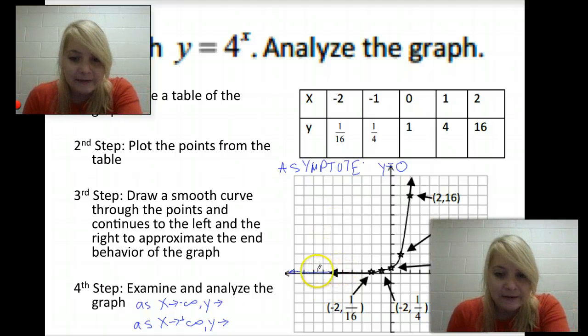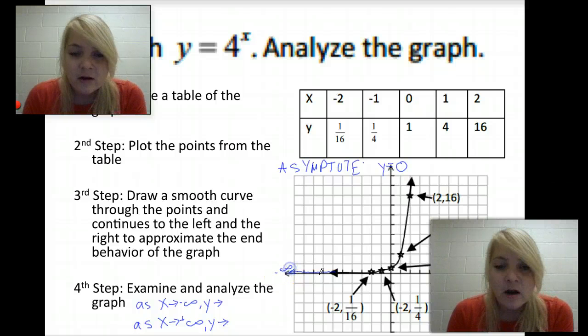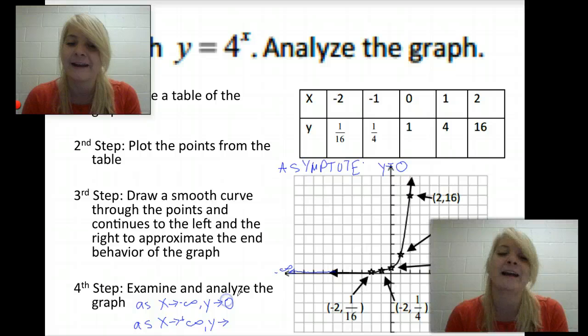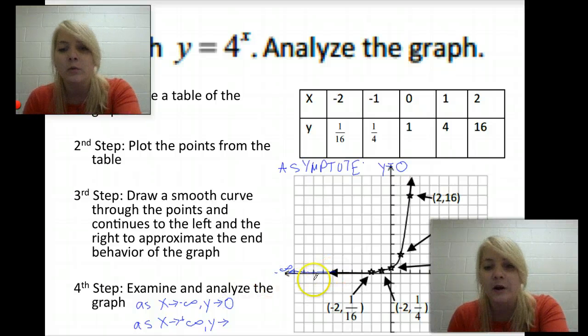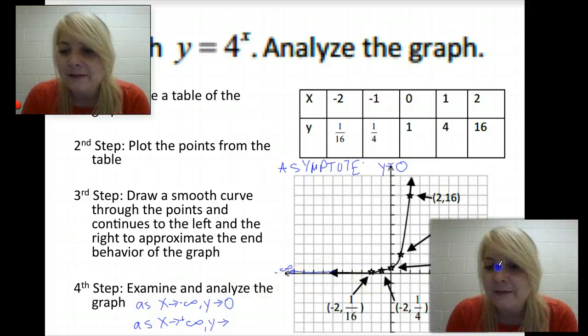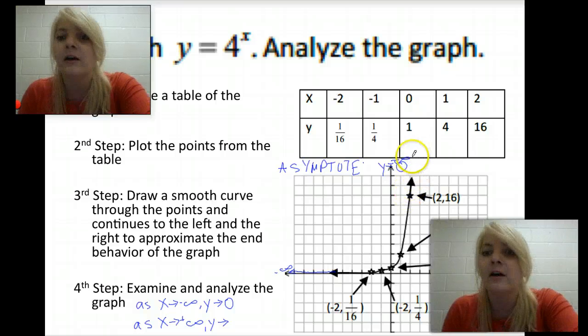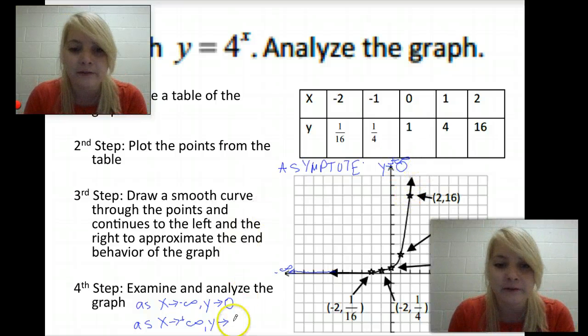So as x approaches negative infinity, our y value, our vertical value, is approaching 0. It doesn't quite touch 0, but it's that asymptote. Y approaches 0. And as x approaches positive infinity, our y value, once again our vertical value, is also approaching positive infinity.